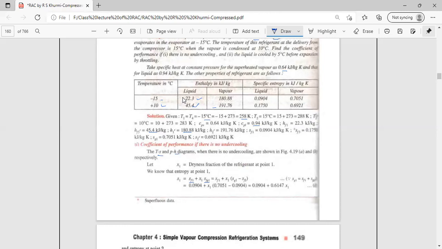SF1 is 0.0904, the entropy of the liquid state, and SG1 is the entropy at the vapor state, 0.7054. Both are given, and we get S1 in terms of X1 itself.